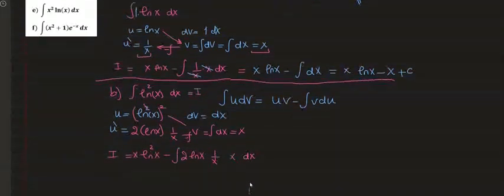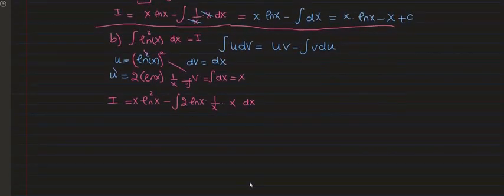We get the product of the last column together under the integral, the 2 ln x times 1 over x times x. Now of course we should simplify and remove this x with the other one. This is times x and this is 1 over x, so it will be removed.